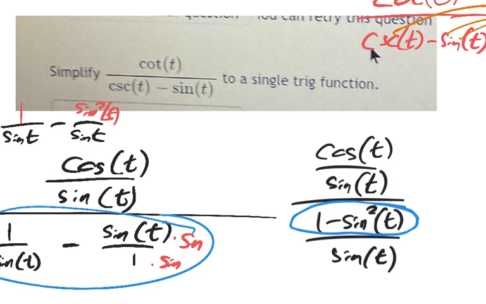So what's my Pythagorean identity I have memorized? Sine squared plus cosine squared equals 1. This almost says this, but it doesn't. But can I manipulate the equation to make it say 1 minus sine squared? You just move the sine squared over. And it becomes 1 minus sine squared. So 1 minus sine squared is cosine squared.